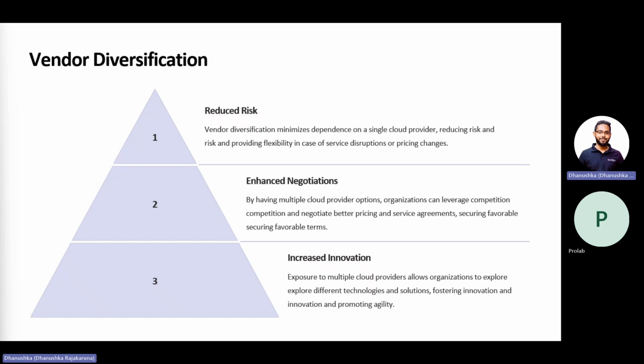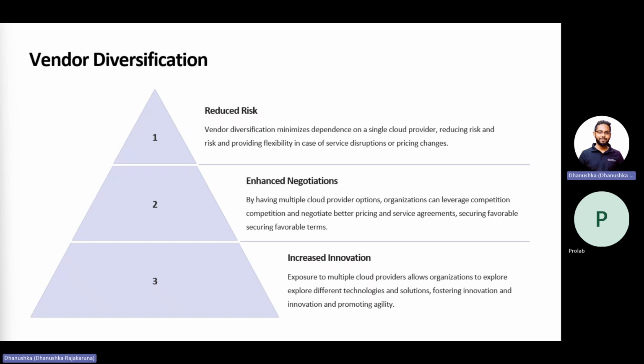So the benefits will be resilience against disruptions, enhanced bargaining power, encouraged innovation, global reach, and localized experience.